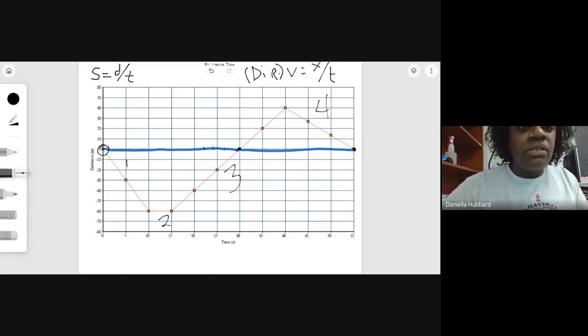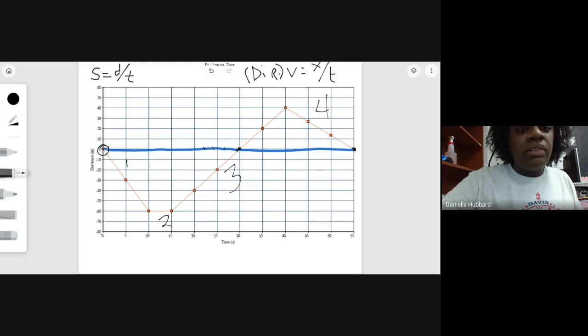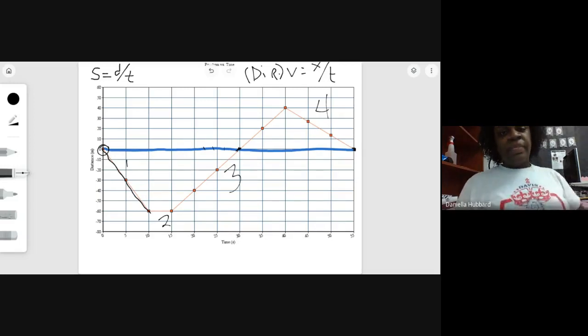Okay, so 0, 0 is our starting point. So the story is going to say we are at home. Home is going to be our base point. The fact that we start moving away from zero, but in the negative area means that we're only traveling in a negative direction.